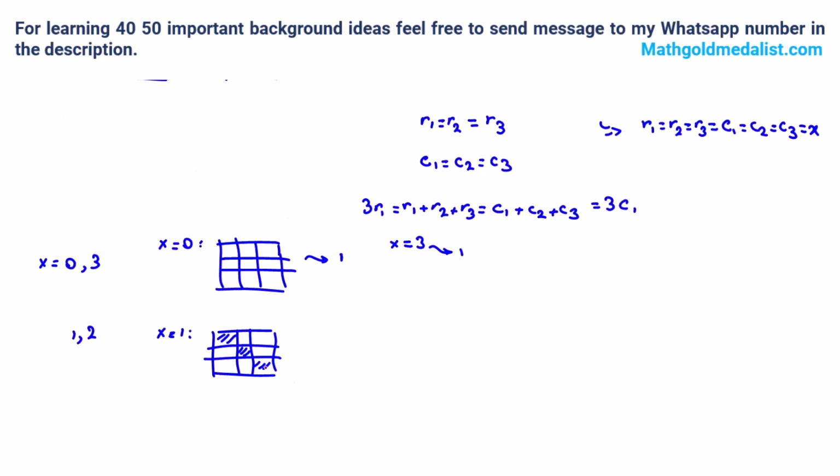Now, suppose, for example, we permute rows, okay? For example, it is 1, 2, 3. So 1 here, it's this one, 2, 3.